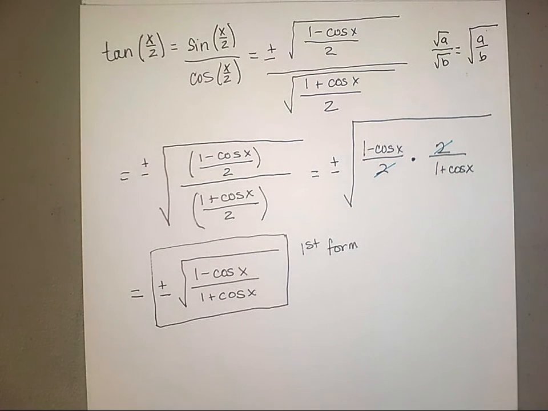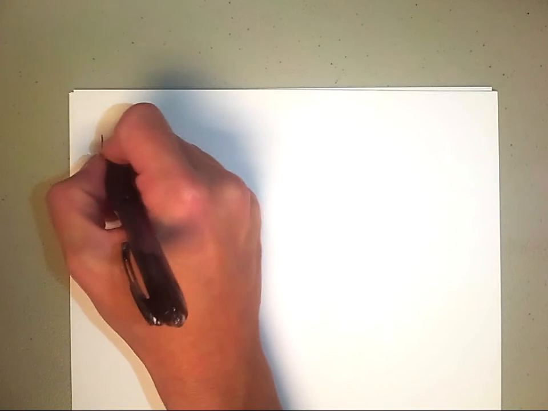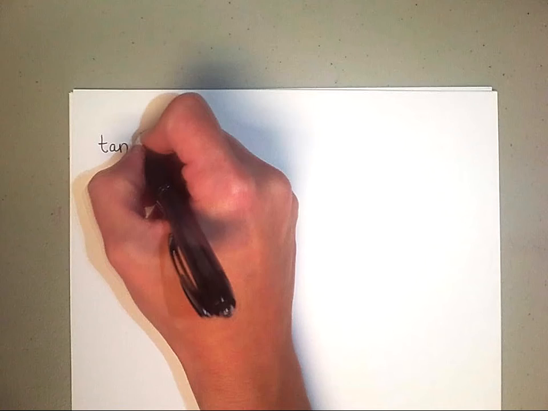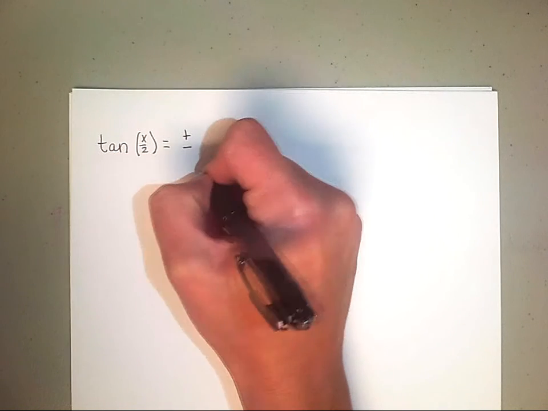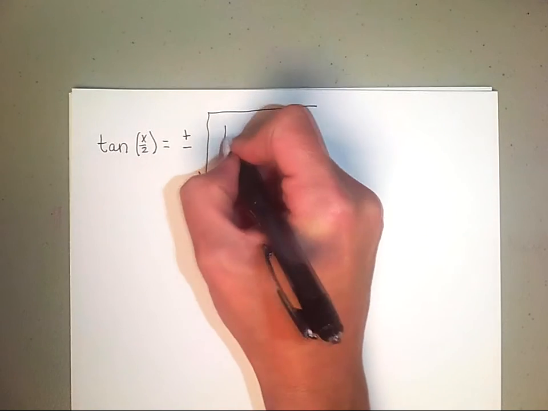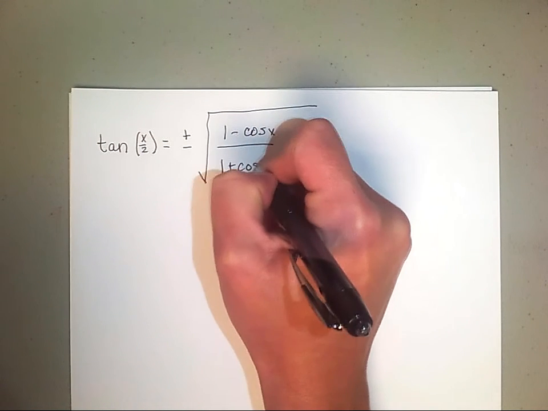So the tangent has actually 3 forms as well, so we're going to start from here and look for the second form. So we know that the tangent of the half angle is equal to plus or minus the square root of 1 minus the cosine of x over 1 plus the cosine of x.